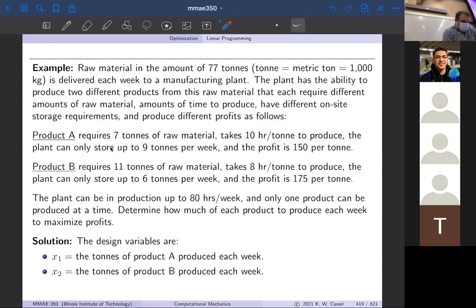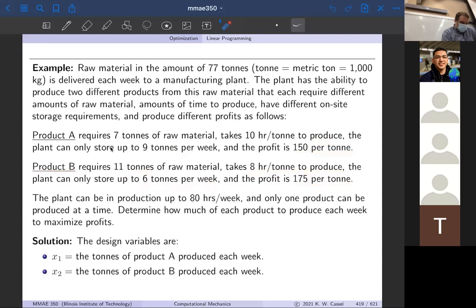The plant can only store up to 9 tons per week of product A, and the profit per ton is 150 for product A. And then the parallel numbers for product B are 11 tons of raw material to make one of product B, 8 hours per ton to make one of those product Bs, but the plant can only store up to 6 tons per week, and then the profit is 175 per ton.